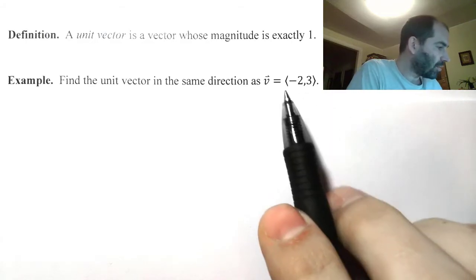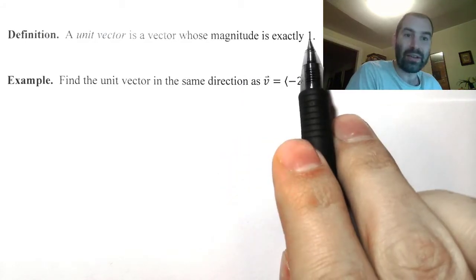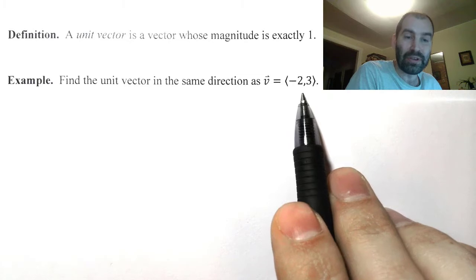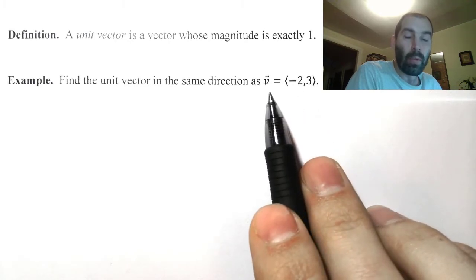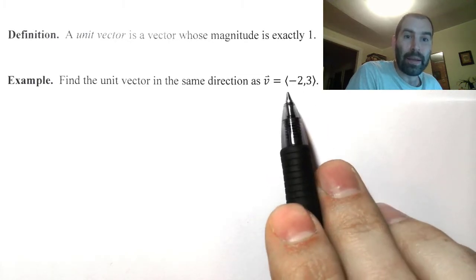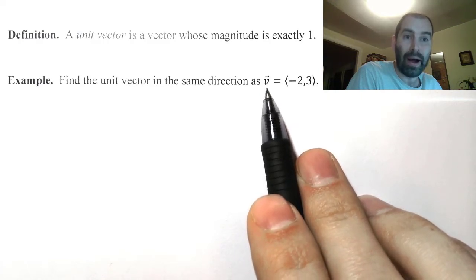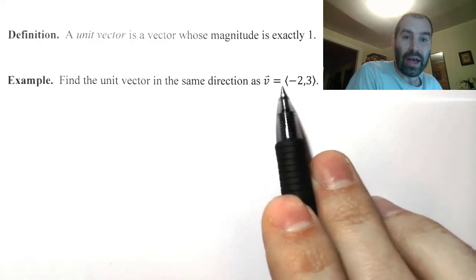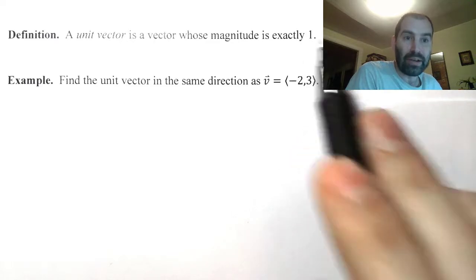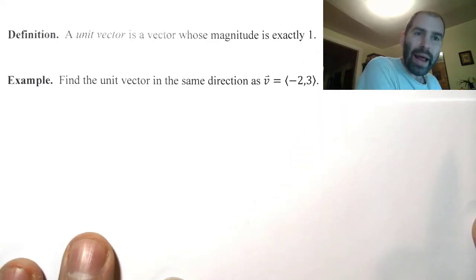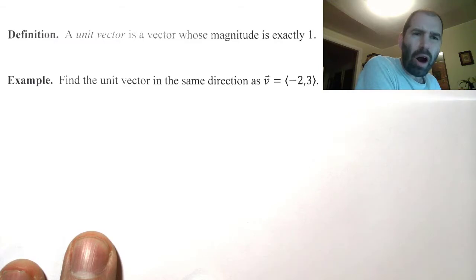Now, what we want is we want the magnitude to end up being exactly 1, but we want it to have the same direction. So what I'm looking for here is a positive number to multiply this vector by so that the resulting magnitude is 1. Let's look at what happens when we multiply an arbitrary vector times a positive number.